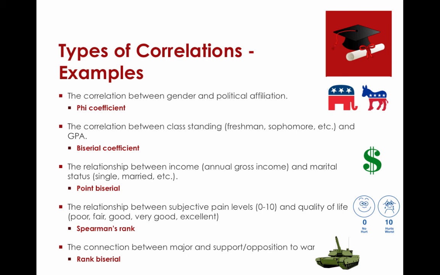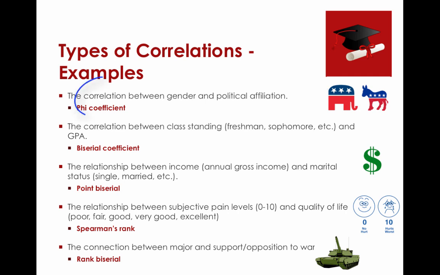So make sure you understand and know, given a scenario, what is the appropriate correlation coefficient to conduct. You're not going to have to do any of these by hand or interpret them or conduct them in SPSS, but you should know about them and when to use them given the scenario. And one last point I'm going to make on this slide.